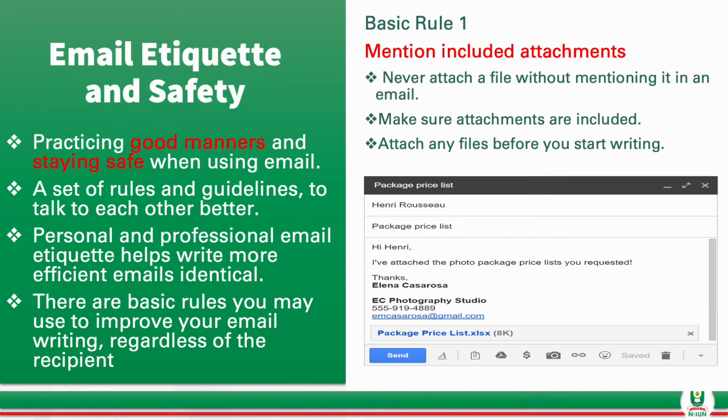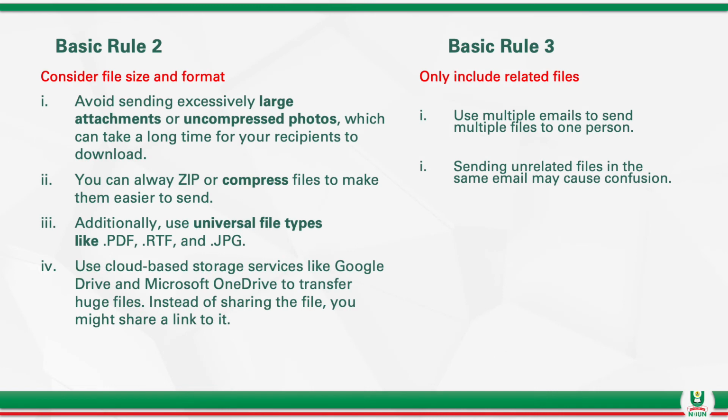The second rule is consider the file size and format. What do we mean by this? Avoid sending excessively large attachments. If you don't compress it, it takes time for your recipient to download, and it's sometimes very annoying, so the person may not even feel like downloading the vital document you are sending. So what do you do? You zip it.